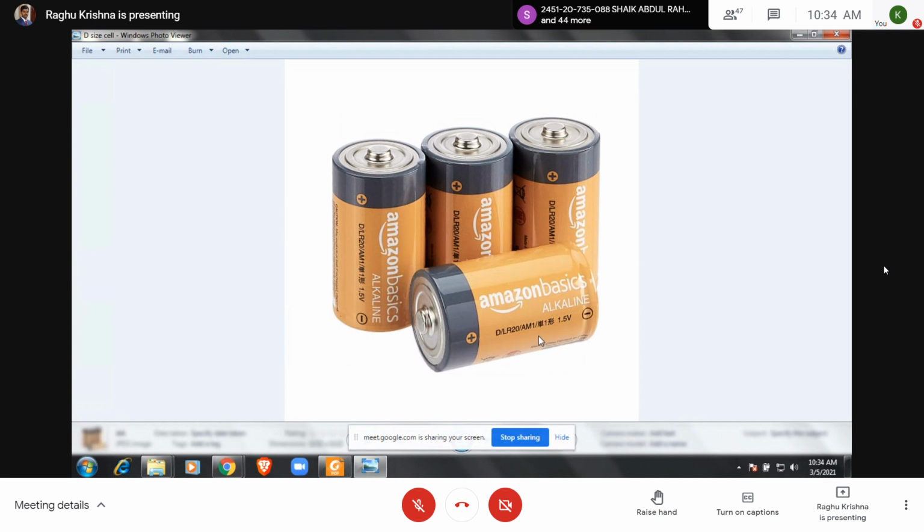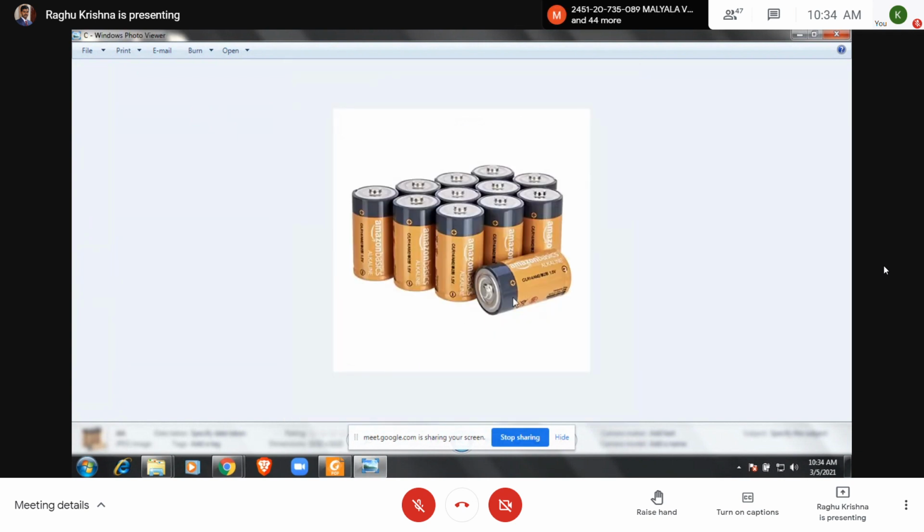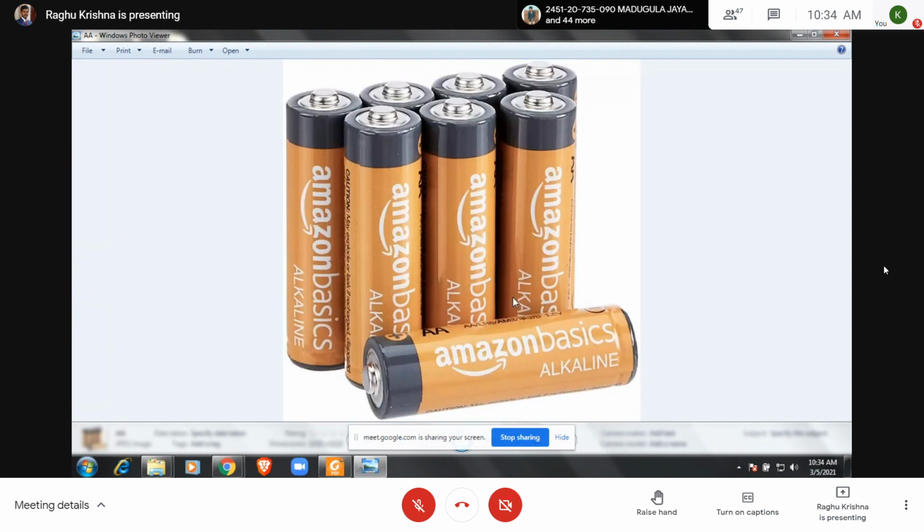D will be having more diameter than C type, C type will be having more diameter than AA, and AA will be having more diameter than AAA.